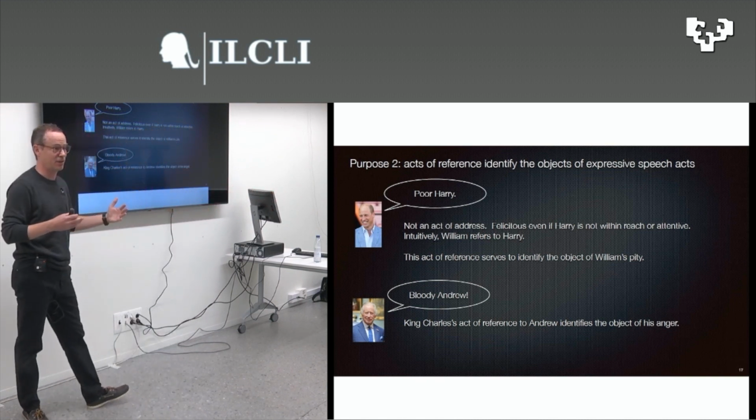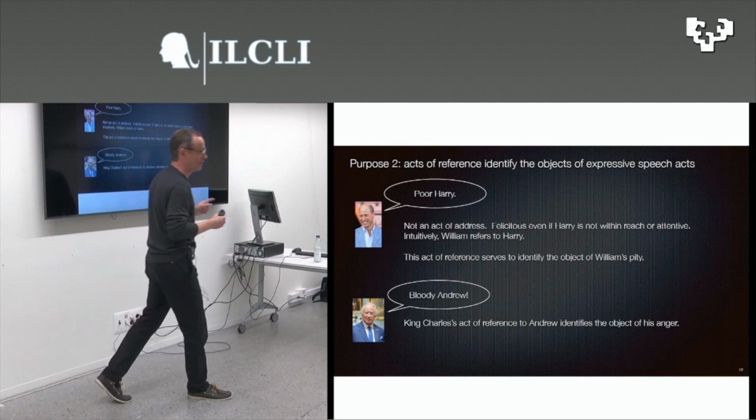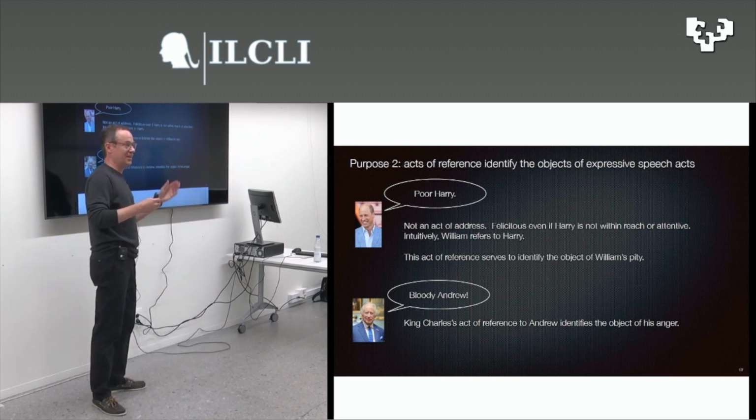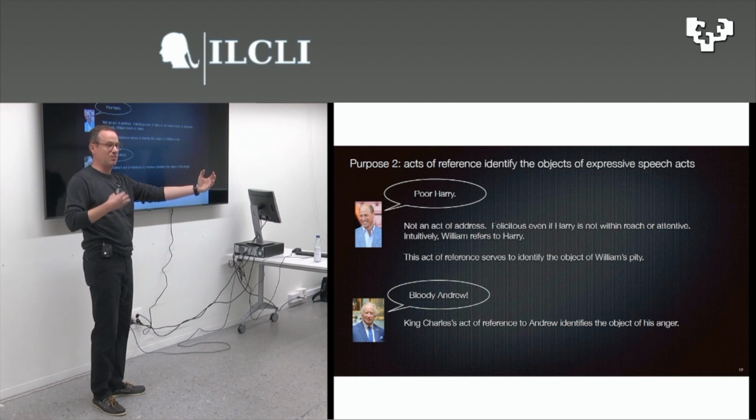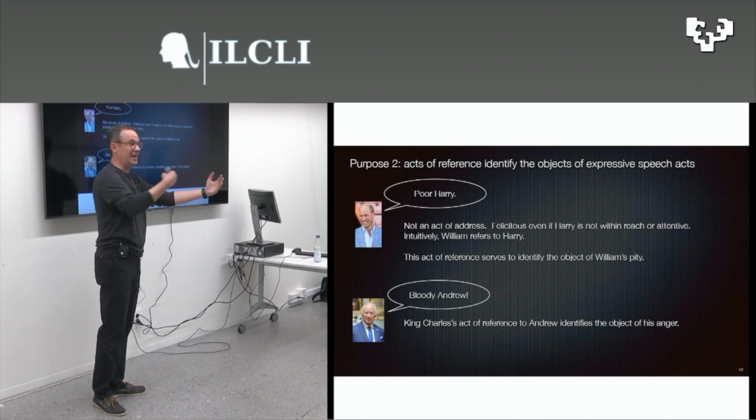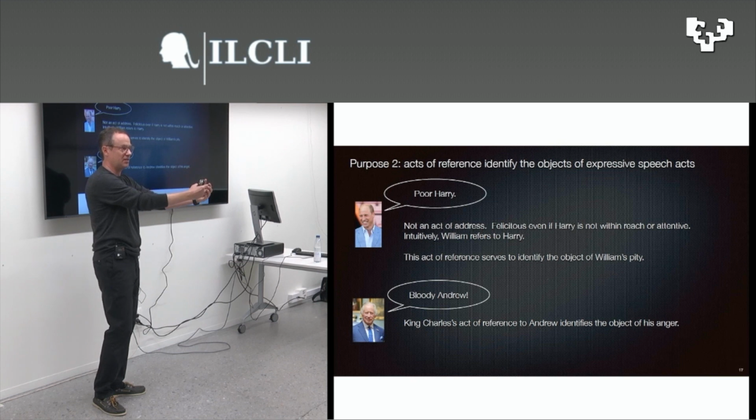So what is the act of reference doing there in that example? Well, it's identifying the object of the emotion that William is expressing. William is expressing pity for Harry. And the act of reference is identifying the object or target of the emotion that William expresses.